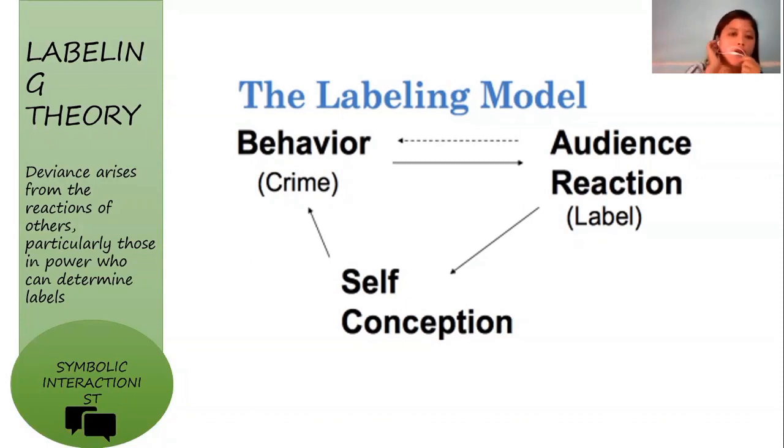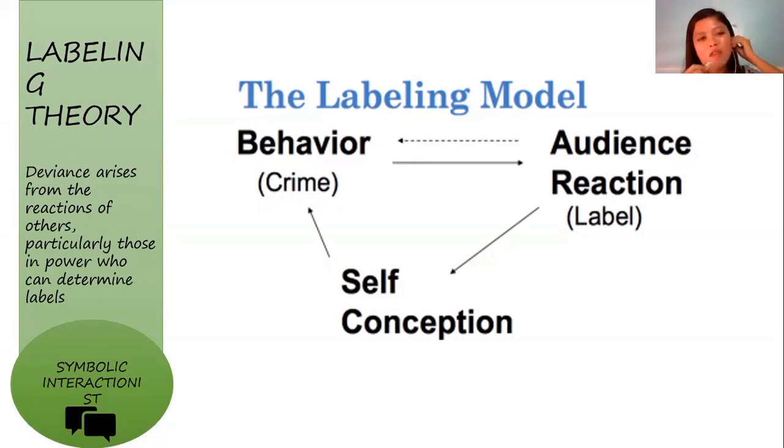In labeling theory, deviant behavior can only be classified when these labels are being attached to the person. In Edwin Lemert's two types of deviance, talking about primary deviance, a person who is labeled as deviant, wherein the act itself.